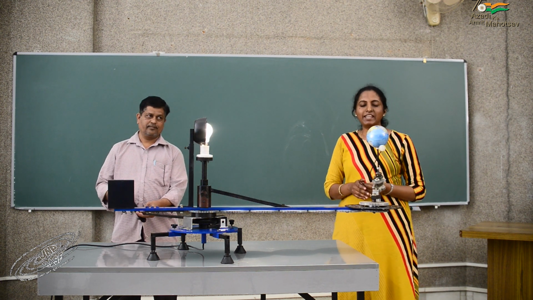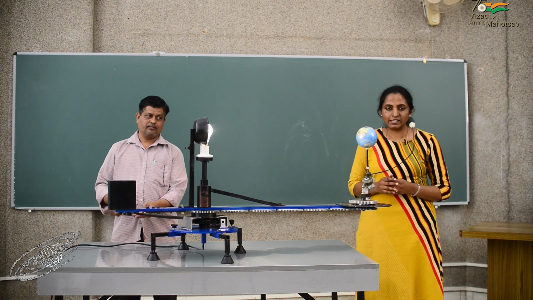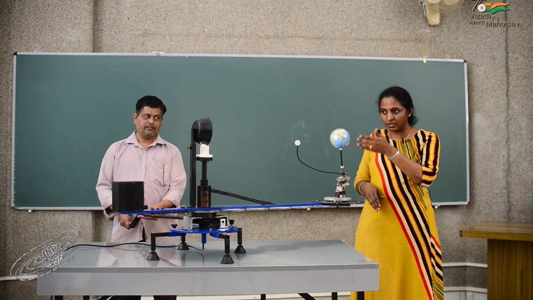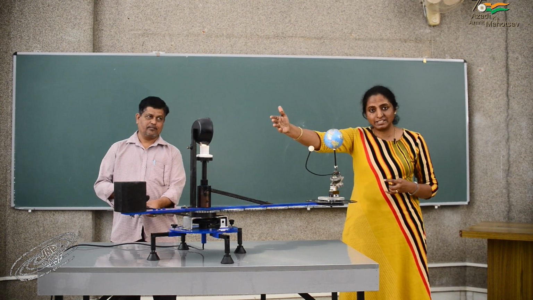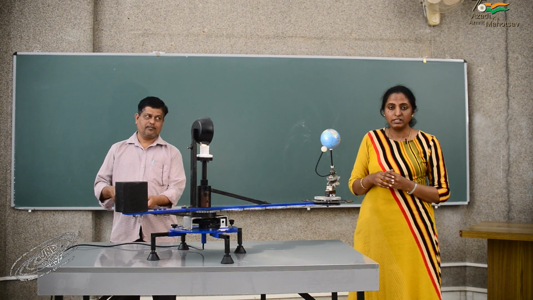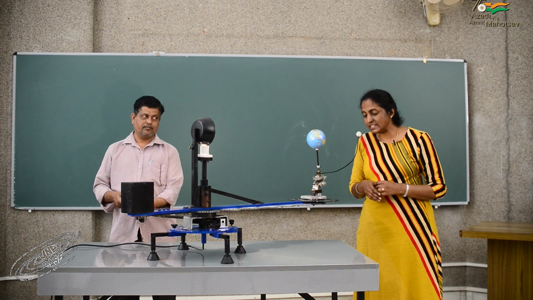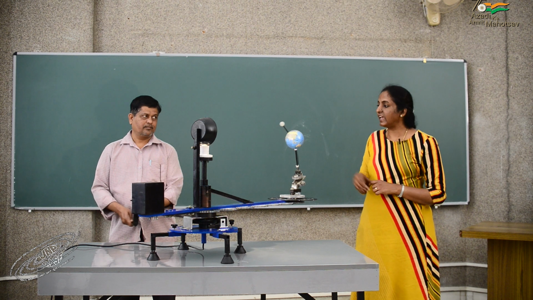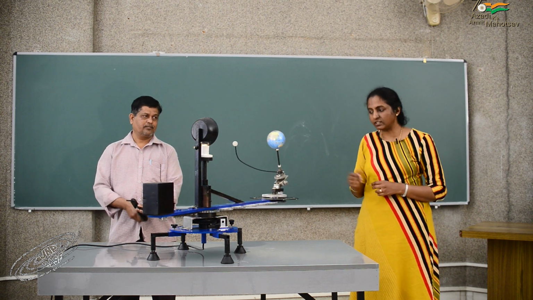To understand that, we have a model here. In this model, we can see that this is our earth and that is our sun and this is our moon. The earth is going around the sun and the moon is going around the earth.